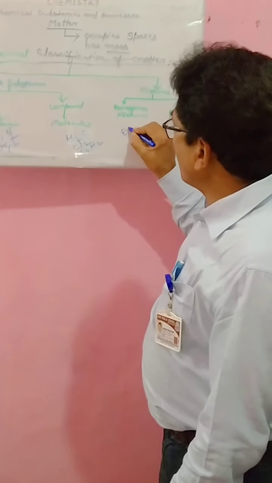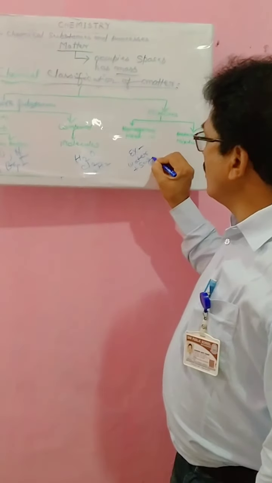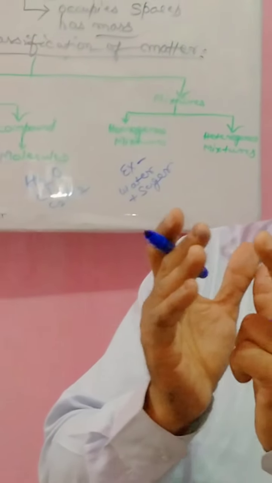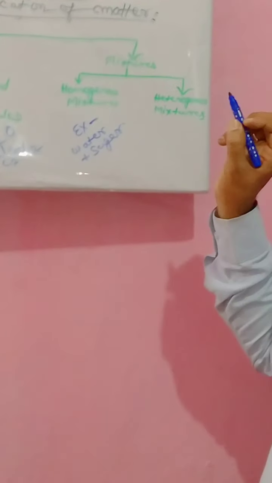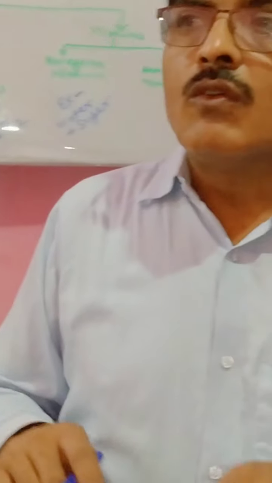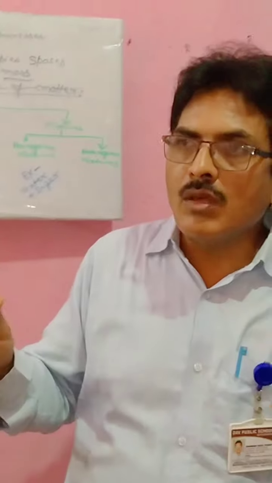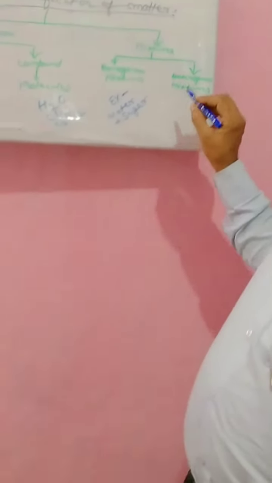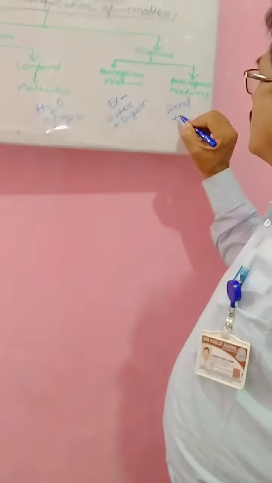If you dissolve sugar into water, the material formed is called a homogeneous mixture. The definition of a heterogeneous mixture is that the components are not available everywhere, and that's why it is called heterogeneous. An example of a heterogeneous mixture is sand plus water.